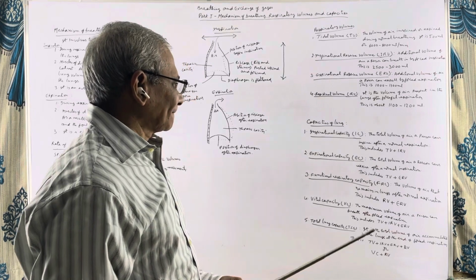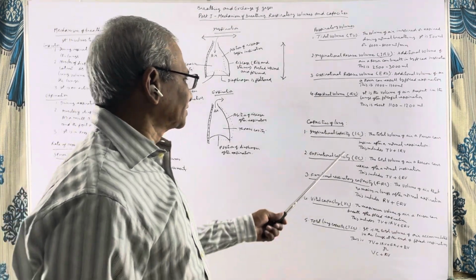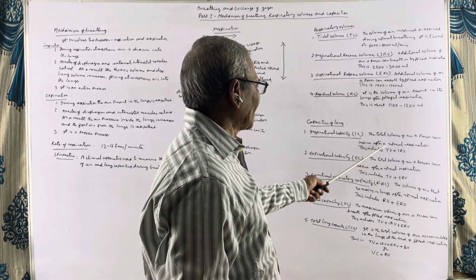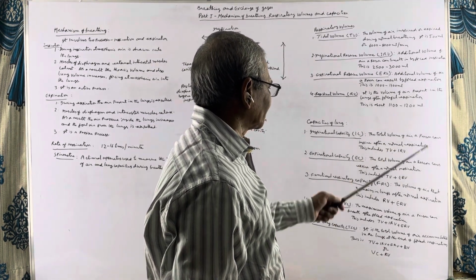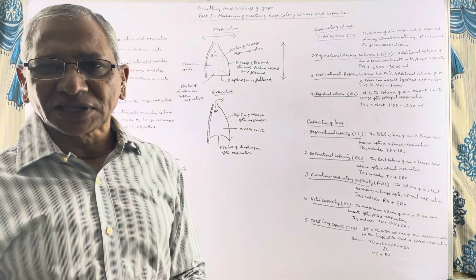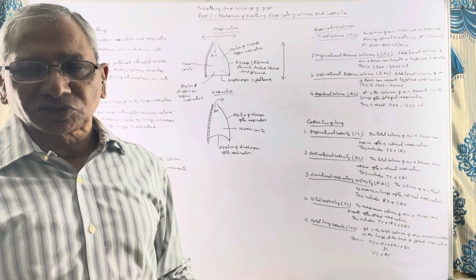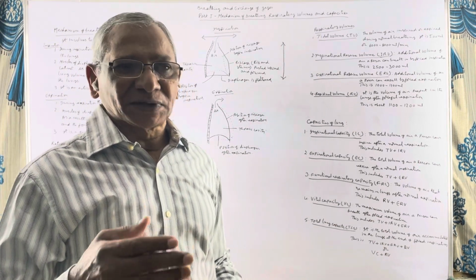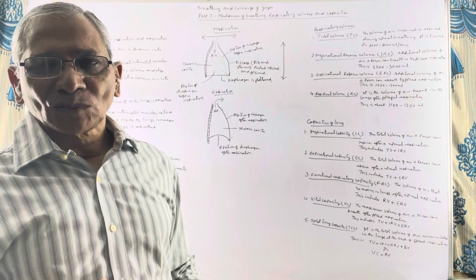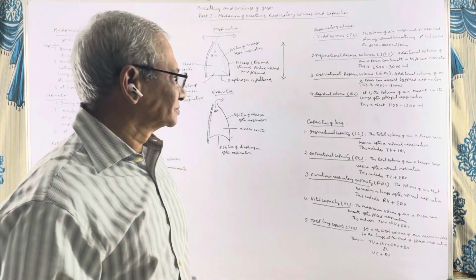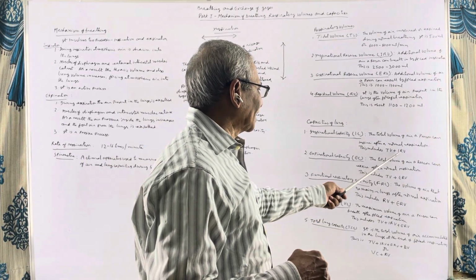Inspirational capacity means the total volume of air a person can inspire after a normal expiration. So how much air can we breathe in after normal expiration? Normal expiration means 500 ml of air we expel. After expelling 500 ml of air, how much air can we breathe in? It is TV and IRV.